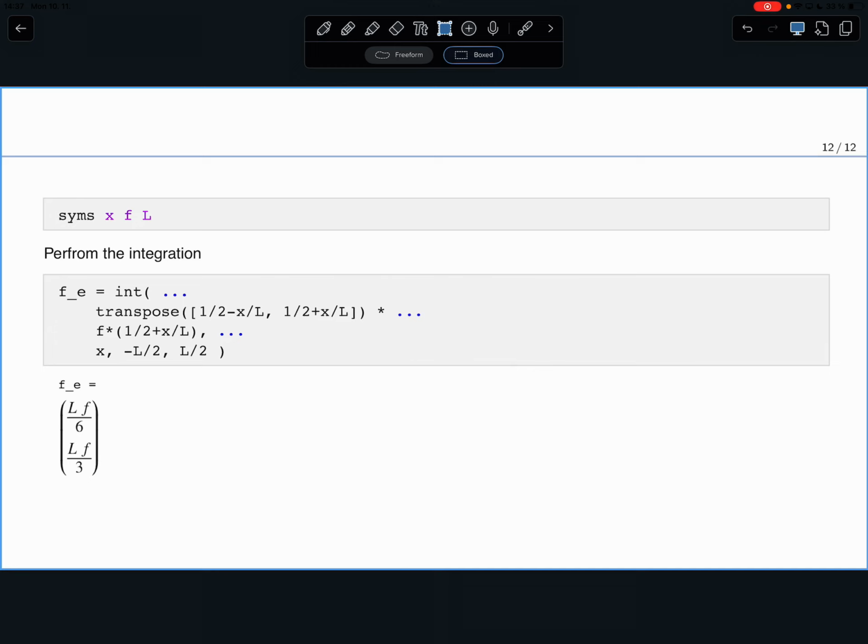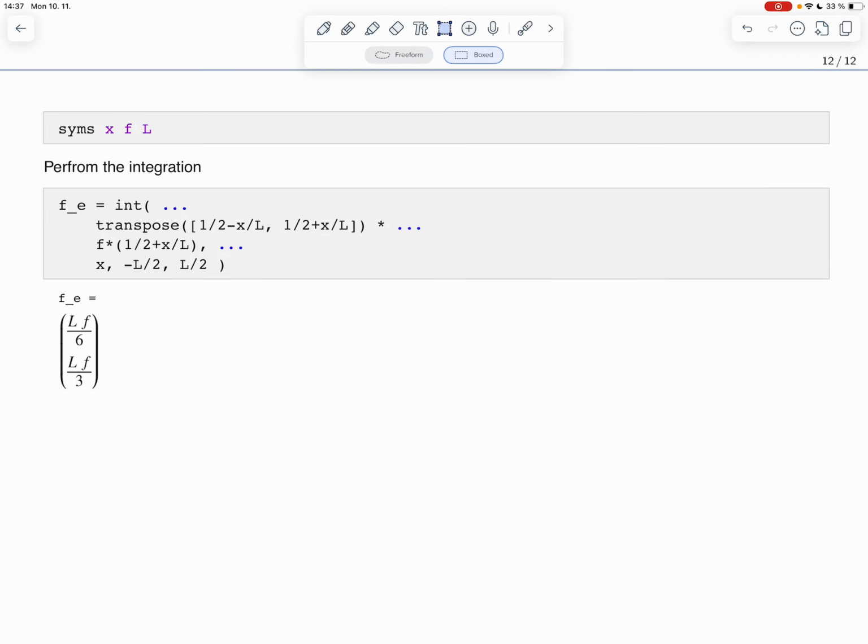So this is MATLAB based. It tells you that I have 3 symbols, X, F, L, and hopefully at this stage of the course the syntax is self-explanatory. Or you can ask ChatGPT to compute that for you.